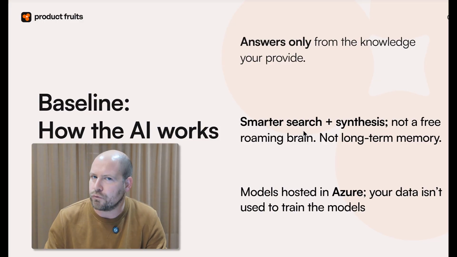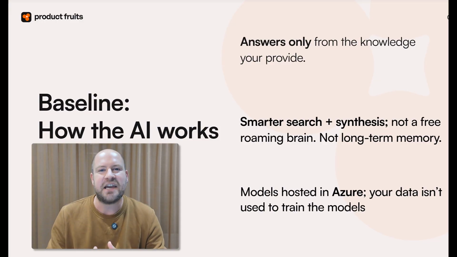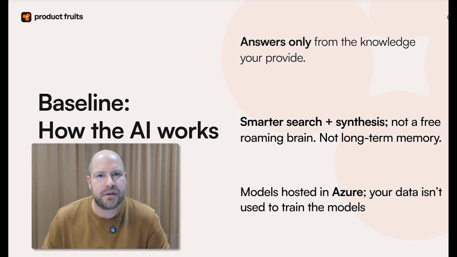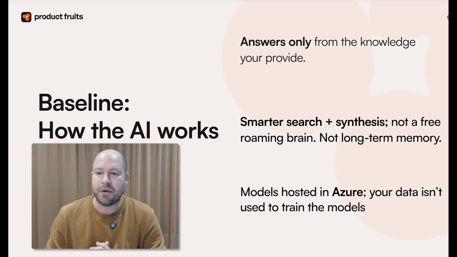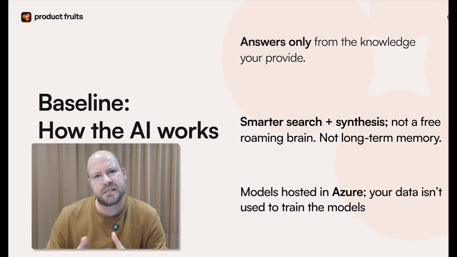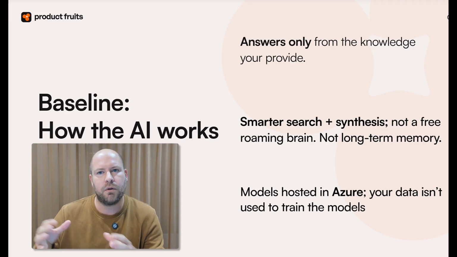It doesn't sound that cool. It isn't AGI. It's not like the humanoids that can automatically do absolutely everything, as sometimes shared on LinkedIn and other sources. It's more grounded, but it's still useful and still cool. But you should realize it's really a smarter search plus synthesis on those searches.